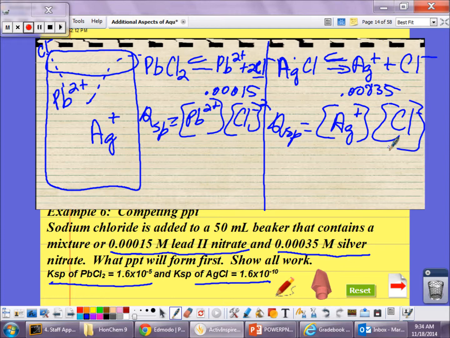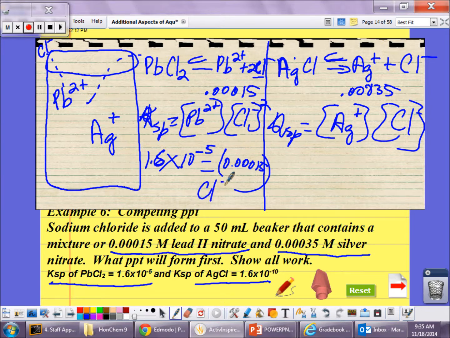Now, I know KSP, so I can write K here, doesn't really matter. KSP for PbCl2 is 1.6 times 10 to the negative 5 equal, I know the concentration of Pb, which is 0.00015. I need the concentration of chloride. Okay, so times Cl-.